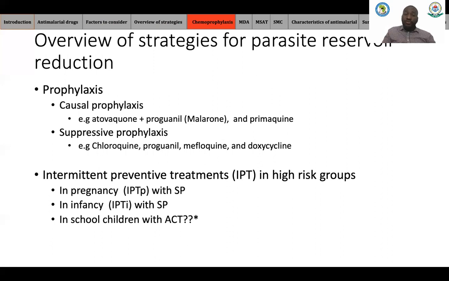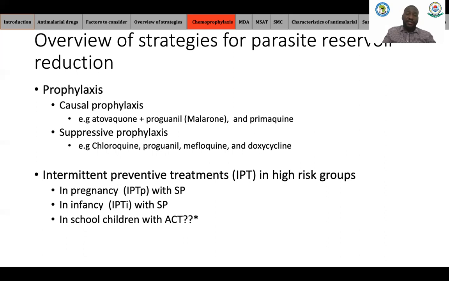But it's worth noting that sulfadoxine pyrimethamine resistance is one of the issues of concern in this context as a factor of consideration. In West Africa, the prevalence of resistance to SP is not as high as in some parts of East Africa, but for now, the guideline is to still use SP for that.